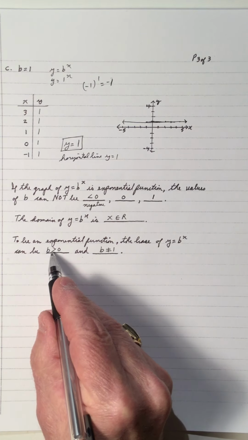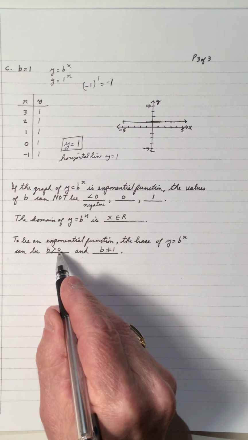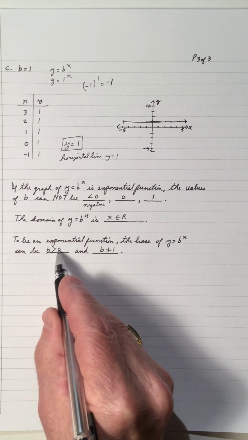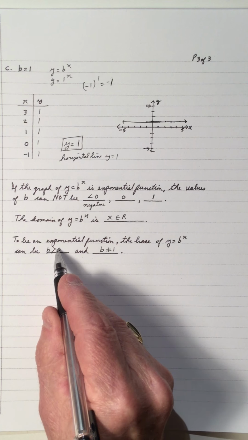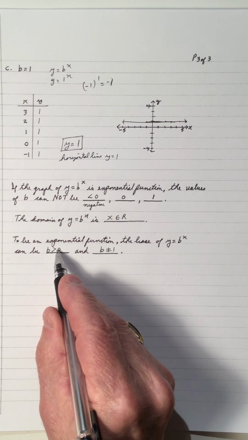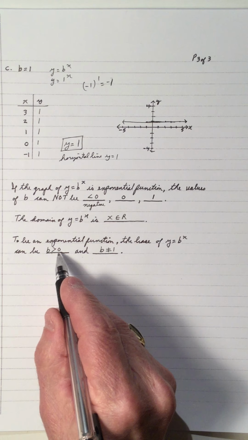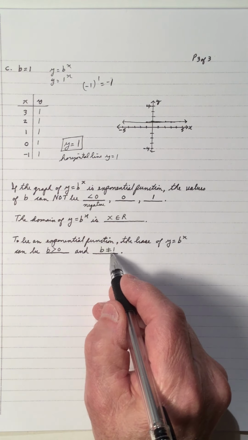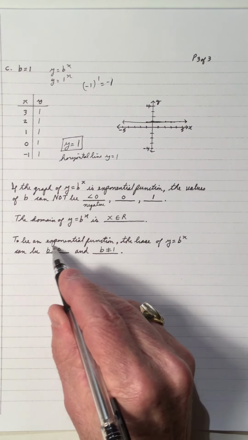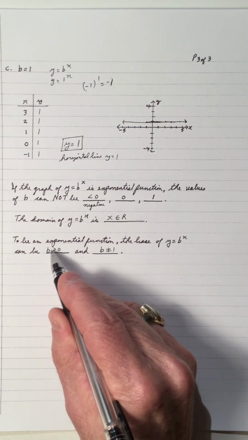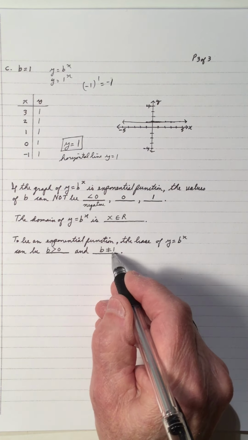When you say greater than 0, what does it mean? It means it's not negative and it's not 0. So by making this statement, you're eliminating the negatives and you're eliminating 0. But when you say b is greater than 0, you have to be careful, because 1 is in that set. So if b is greater than 0 and you say 1, we can't have 1.